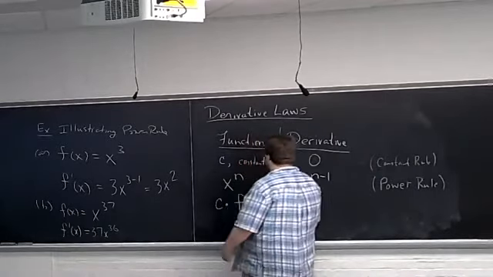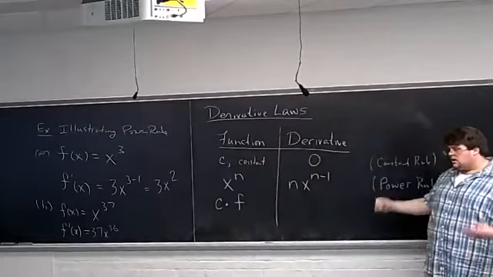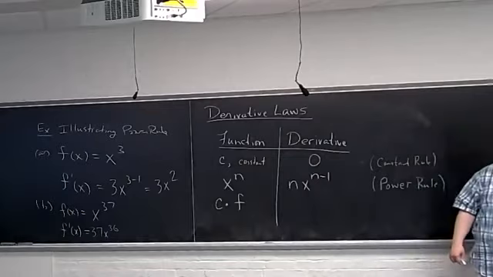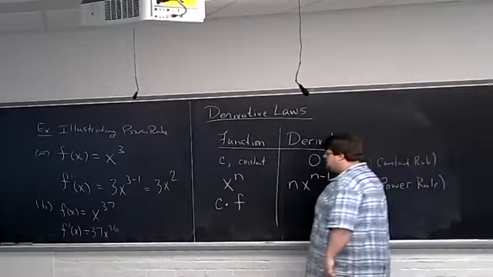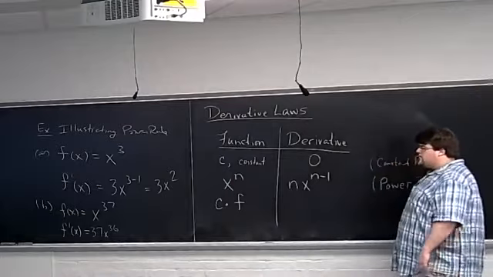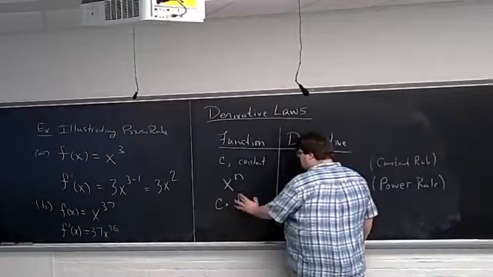In this chart, C is going to be a constant, x is our variable, f and g are going to be functions. So here we have c times f, the derivative of a constant times a function.